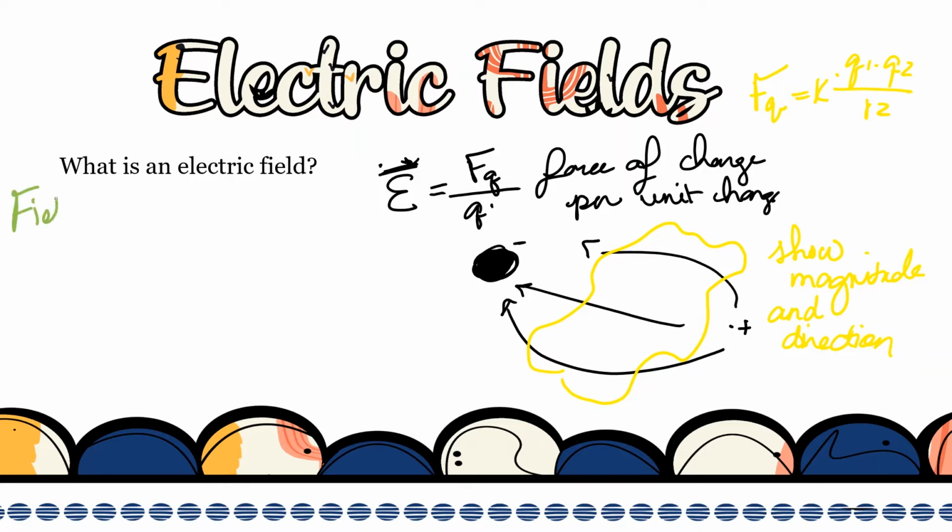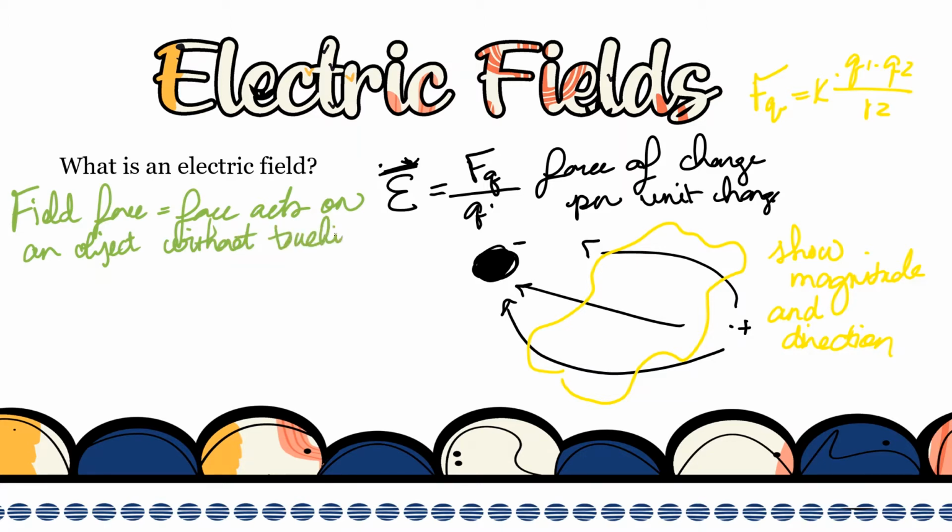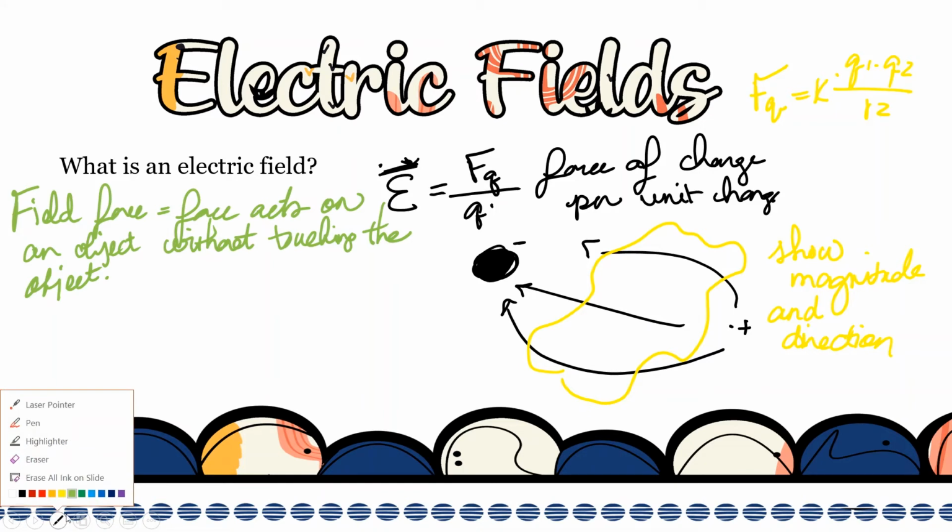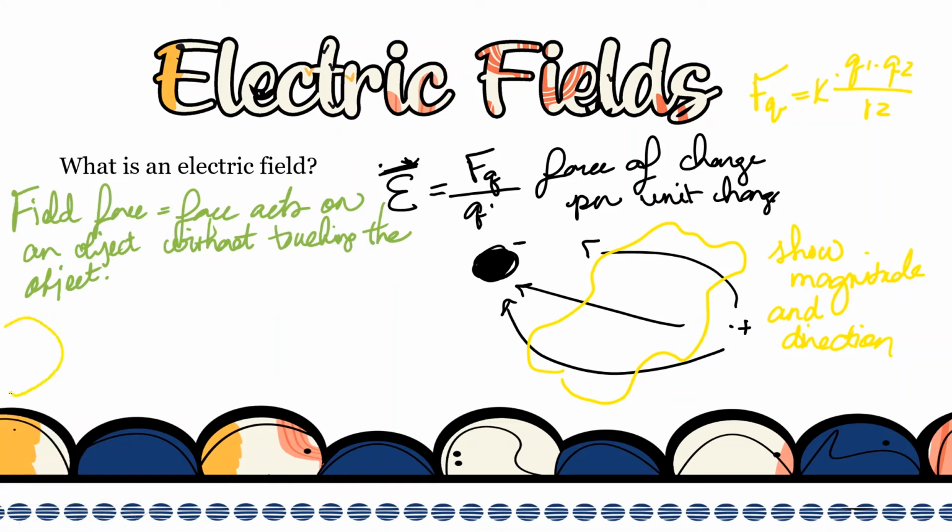A field force is a force that acts on an object without touching the object. This isn't the first time we've learned about field forces. Another example of field forces that we talked about earlier was the sun. The sun has a lot of mass, so it has a large gravitational force.